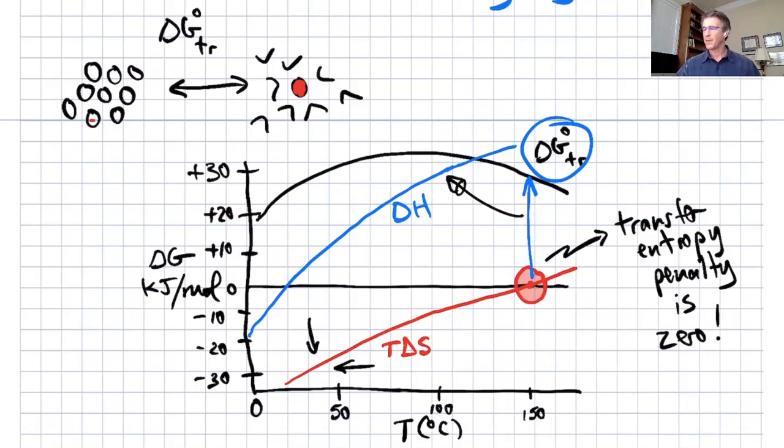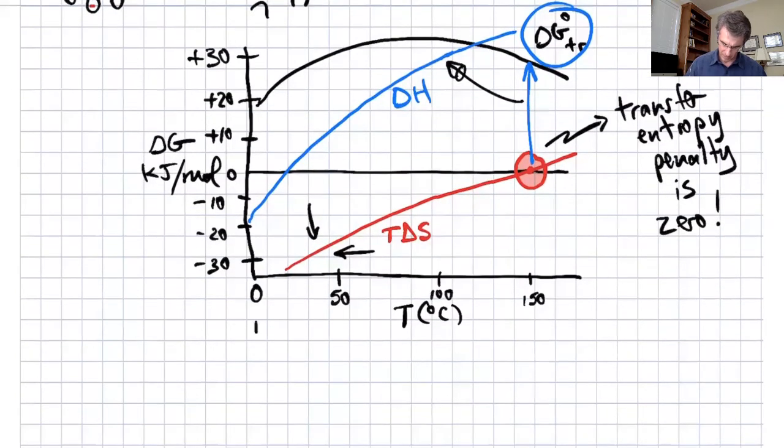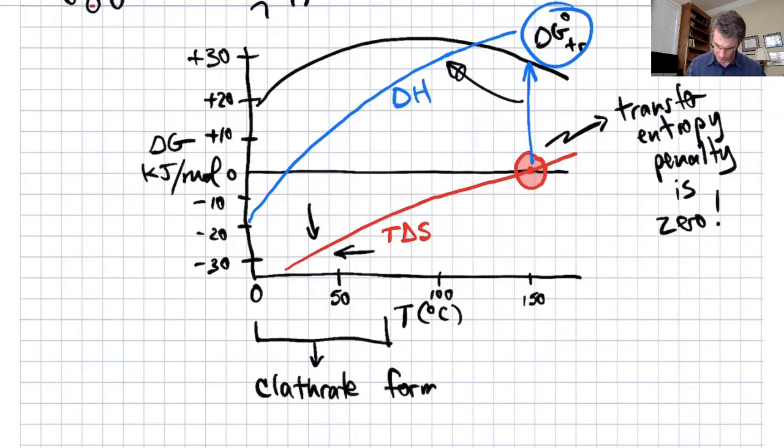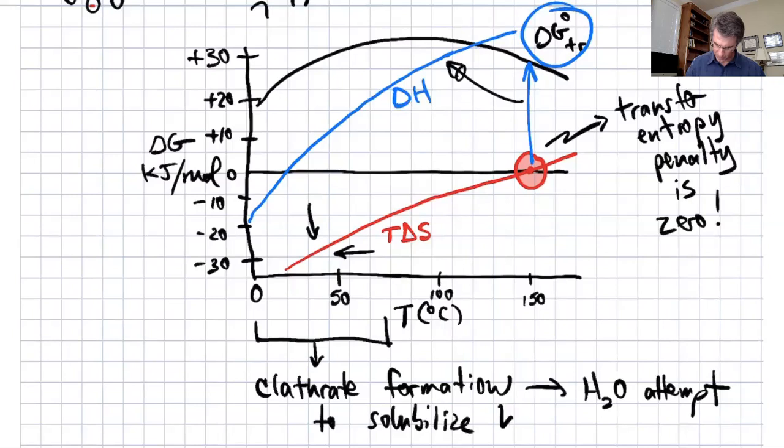Another way to think about this is that the water clathrate formation in temperatures down here, especially with respect to protein folding, clathrate formation, ordered water formation, while entropically expensive, is water's, I'm going to anthropomorphize here, attempt to solubilize hydrophobic stuff.